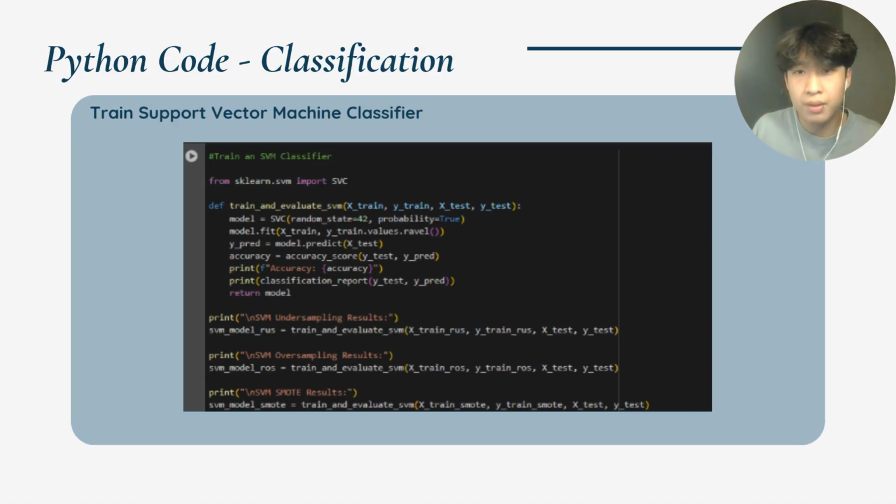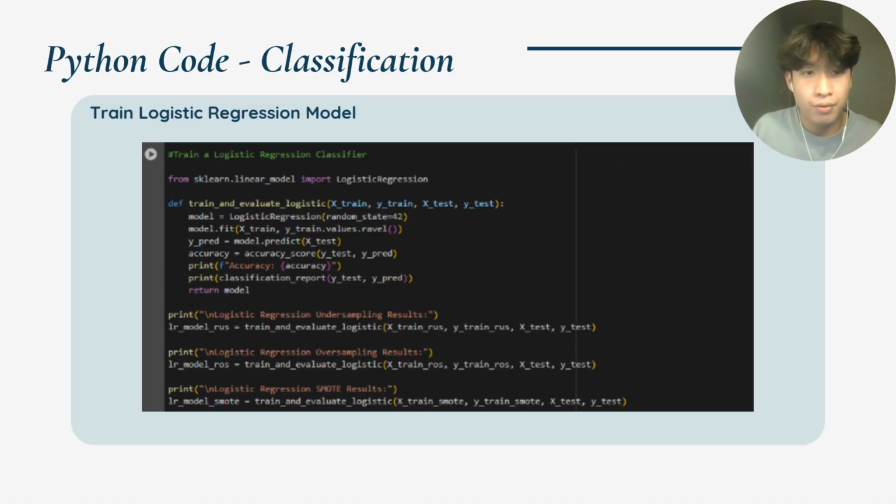Next, the code snippet will train the support vector machine classifier, which will also print out three different metrics for the three different resampling techniques used. Lastly, we'll have the logistic regression model. The code snippet below trains it and also outputs the evaluation metrics for all three resampling techniques used.